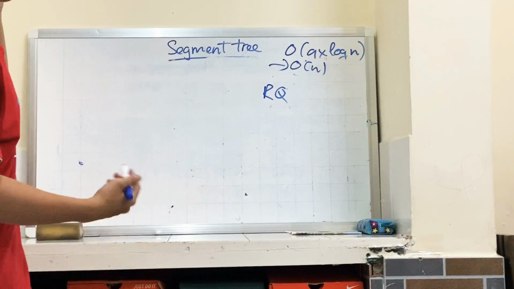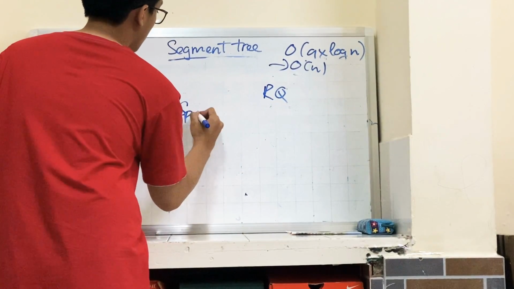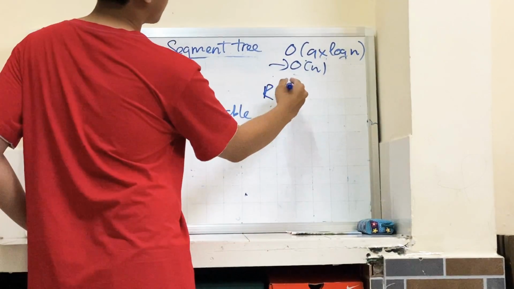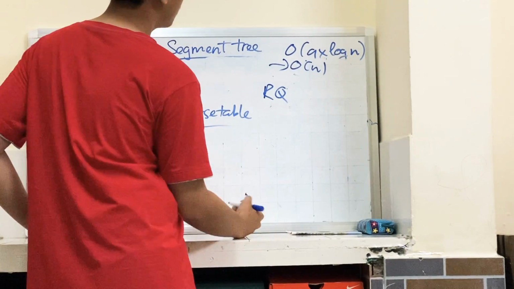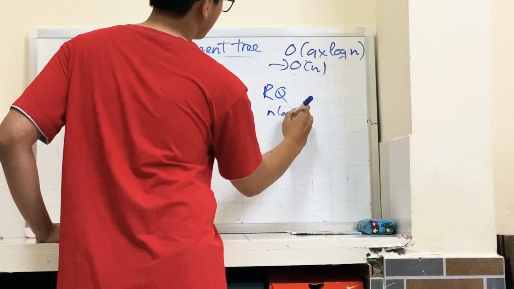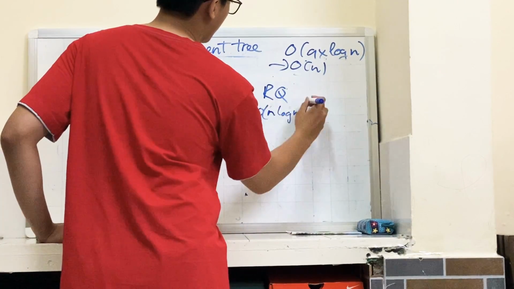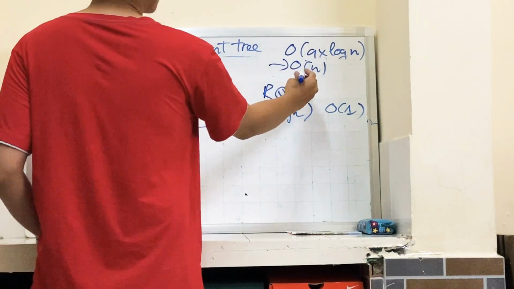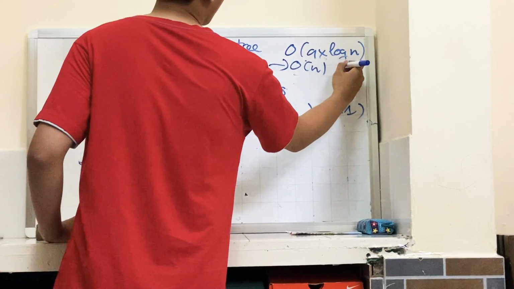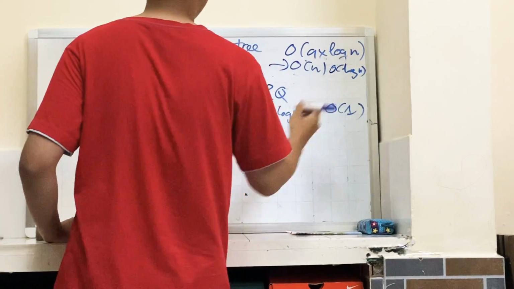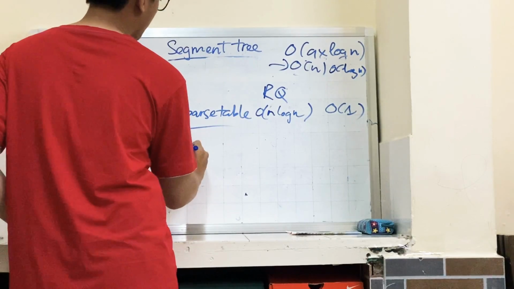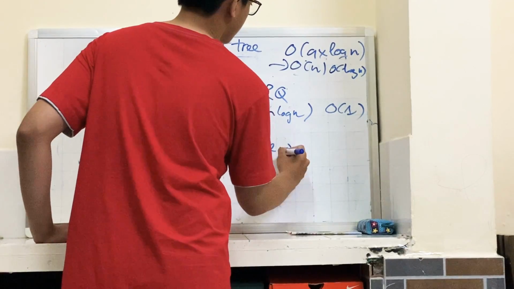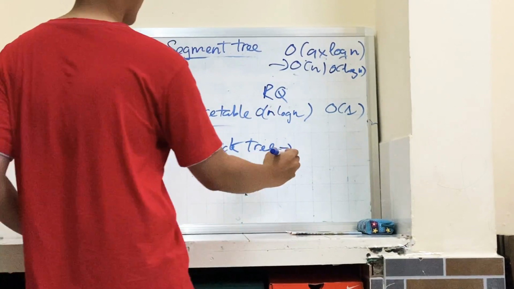Besides the segment tree, we have a lot of data structures like the sparse table, which costs n log n to build and queries in O(1). Okay, it's pretty fast. In the segment tree, we build in O(n) and query in O(log n). And besides, we have the Fenwick tree, a binary indexed tree, abbreviated as BIT.